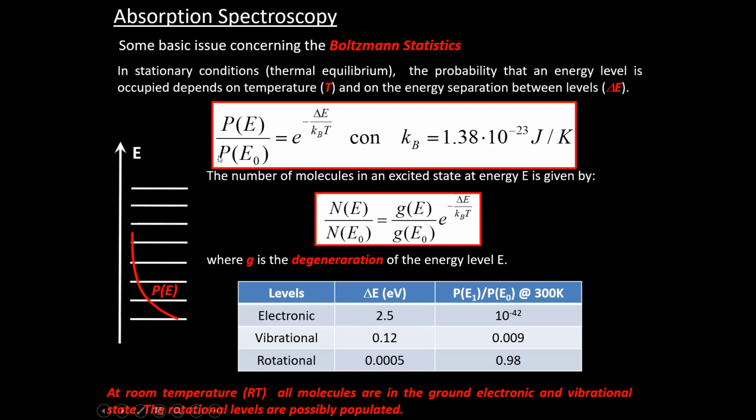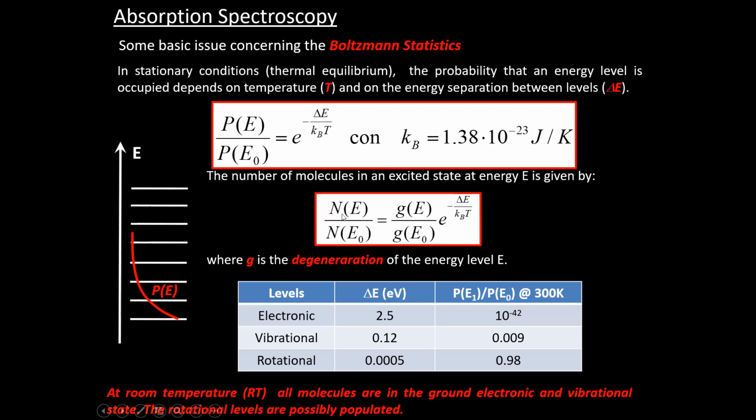Now, if we have a set of molecules, say capital N molecules in a container, and all these molecules are identical, and they are at the same temperature, and so they have the same energy levels, you ask yourself, what is the ratio between the number of molecules that have energy E and the number of molecules that have energy E naught?